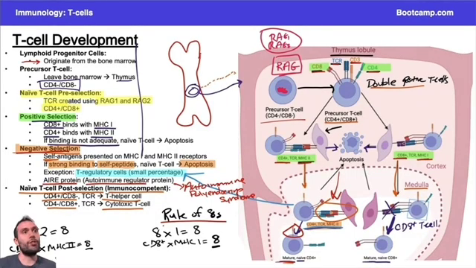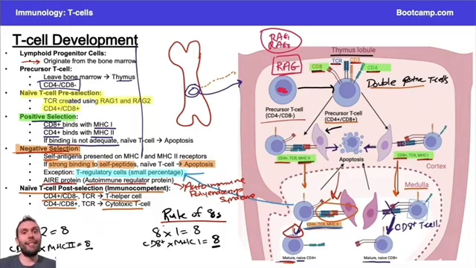Okay, so the first step was positive selection. We wanted to see if there's adequate binding to an antigen that is not self, right? Some other foreign antigen usually. And if there was adequate binding, the T cell will go to the next step. If not, it would undergo apoptosis. With adequate binding, the T cell moves to the medulla. Then there's negative selection. We present self-antigens largely driven by this protein, the AIRE protein.